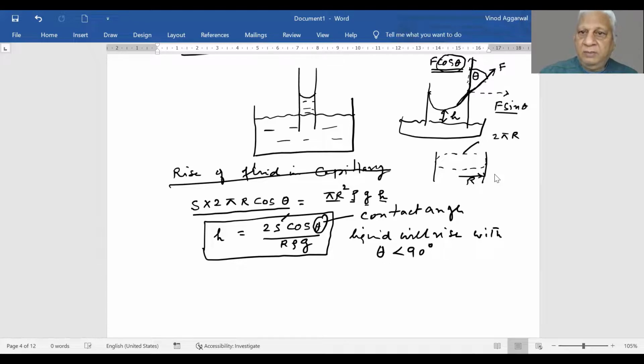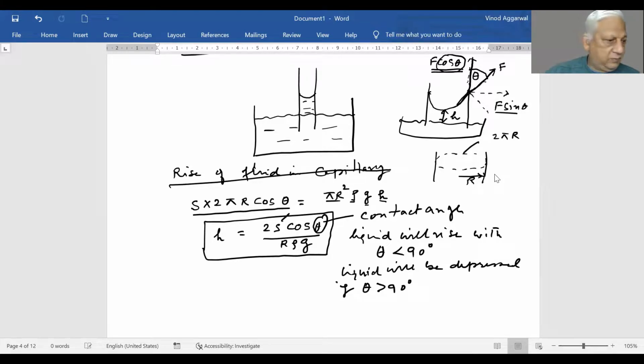Now, what happens if theta becomes more than 90? Instead of liquid rising up, it will depress. So liquid will be depressed if theta is greater than 90. Okay.